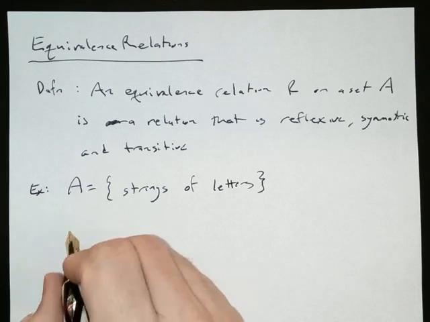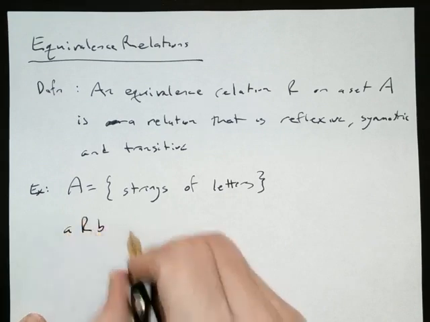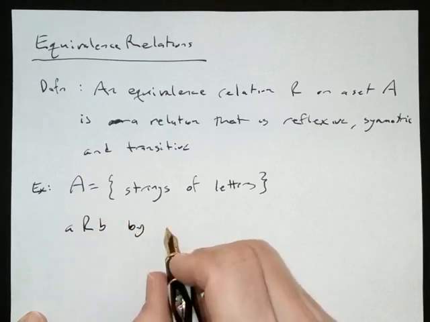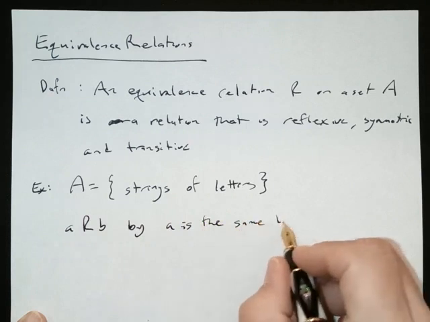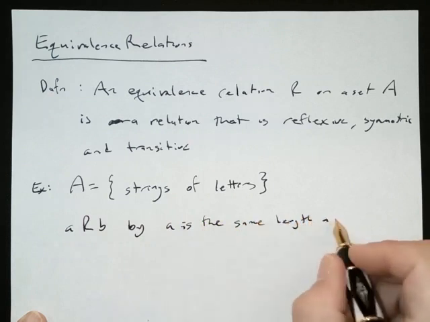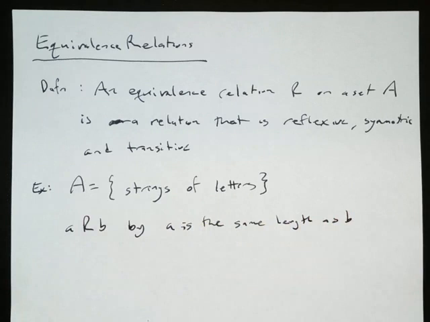But I can define a relation: A is related to B if A and B are the same length, the number of characters used.